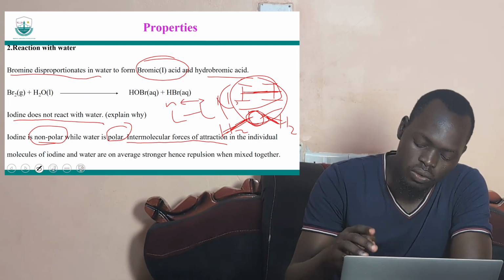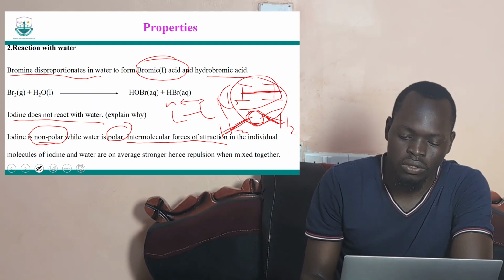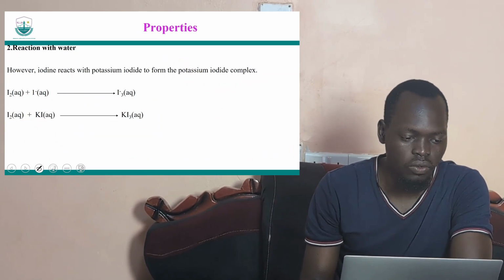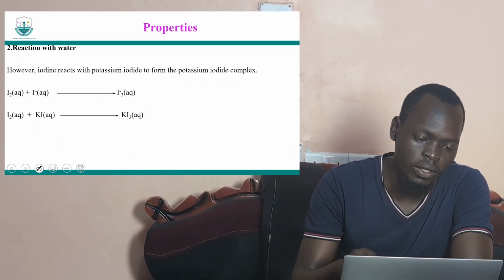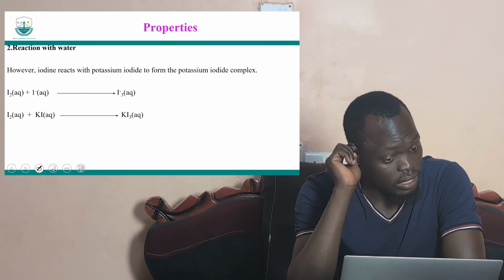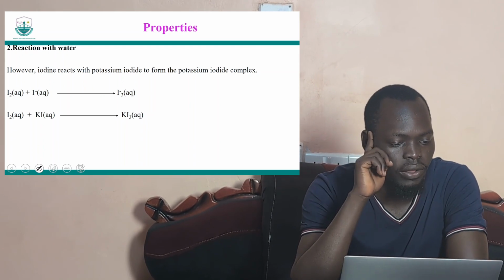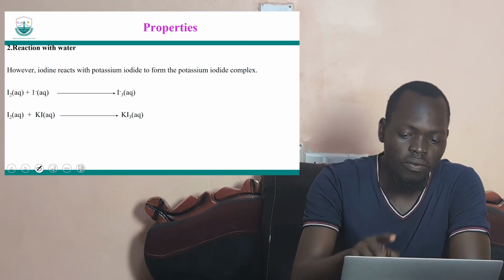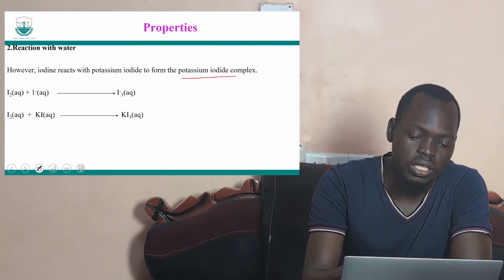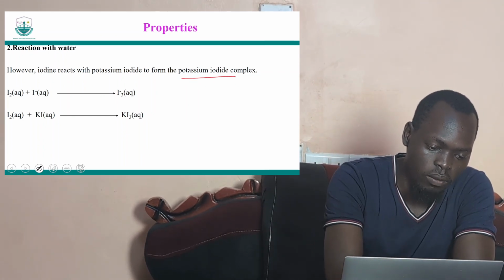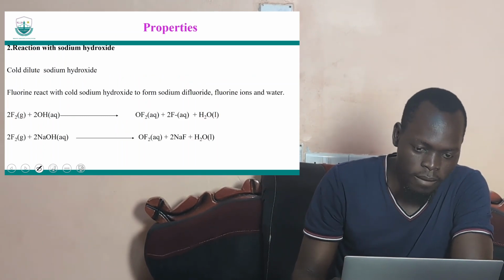So this results in some form of repulsion when they are dissolved together. However, potassium iodide can dissolve this iodine, and it will form a complex ion, as indicated in the equation below.